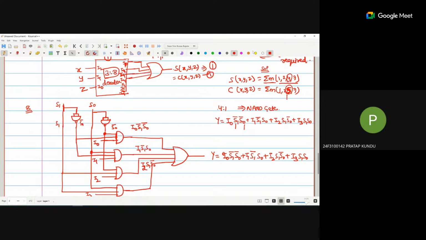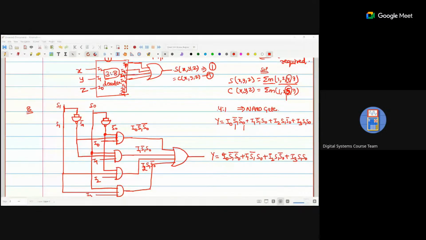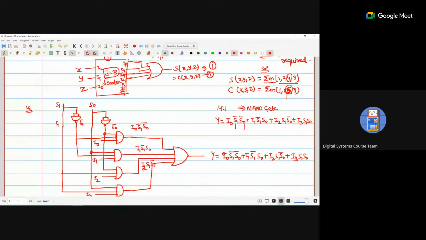No, sir. Okay. Now, if you see the question, we have to implement only with NAND gates. But here we implemented with NAND gates and also OR gates and AND gates.